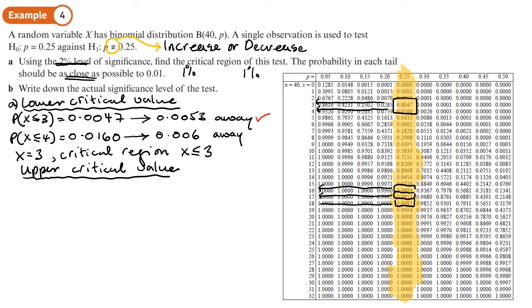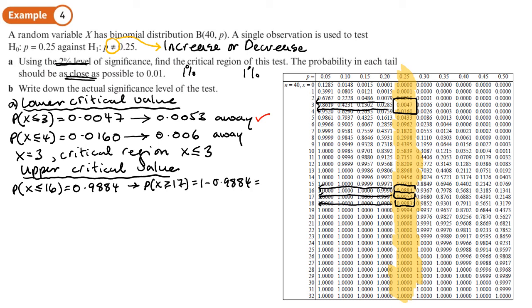Right, so let's try these. Let's start with the 16. So when the probability of x is less than or equal to 16, that gives me a probability of 0.9884. So that means that the probability of x being greater than or equal to 17 is 1 minus that 0.9884.